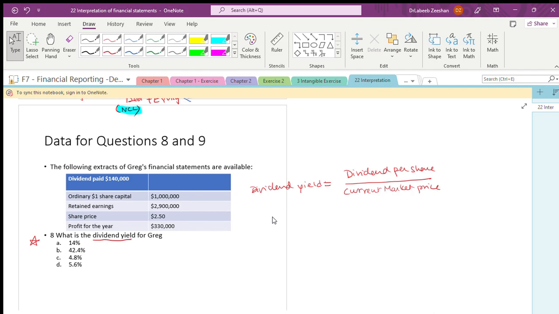One minute, I'm just looking for dividend per share. Retained earnings, profit for the year, how much? 2,900 minus 3,300. Dividend per share.